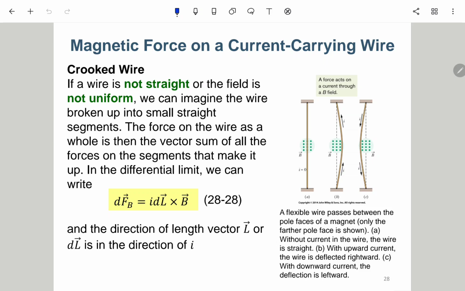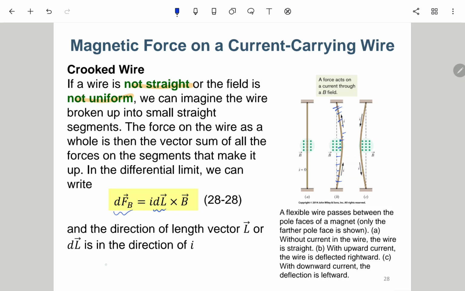It also mentioned that if the wire is not straight, or the field is not uniform, then you need to cut the wire into many segments. For each segment dL, you calculate the dFB to be I dL cross B, and then you add all of them together.